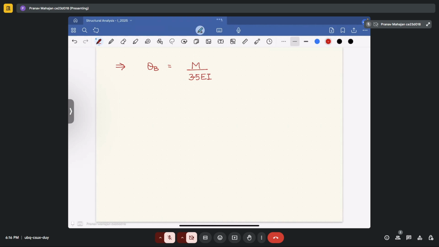In this case, what is your M? It is 70 divided by 3.5 EI. If you solve that, you will get it equal to 20 upon EI. So this is your theta B.